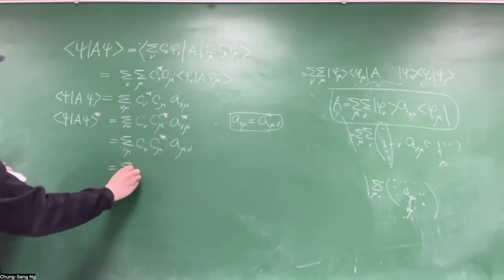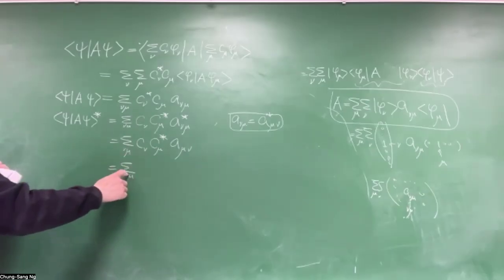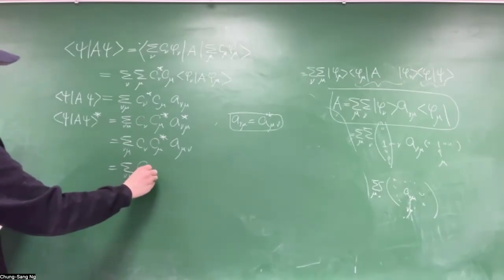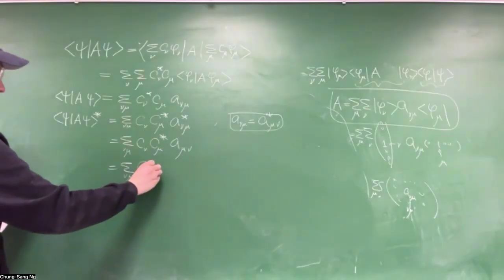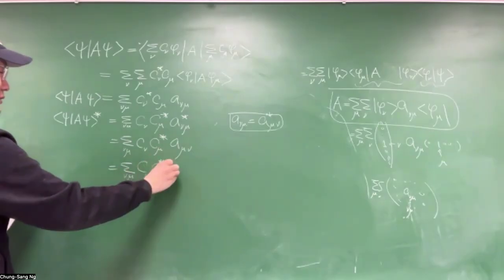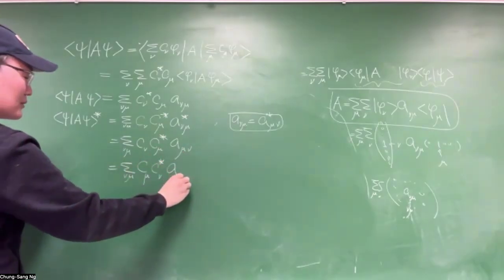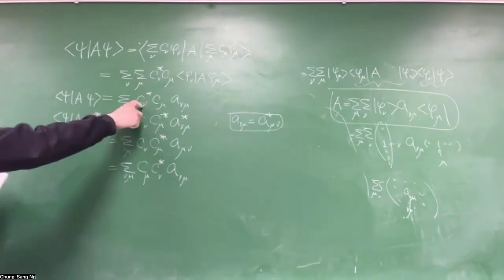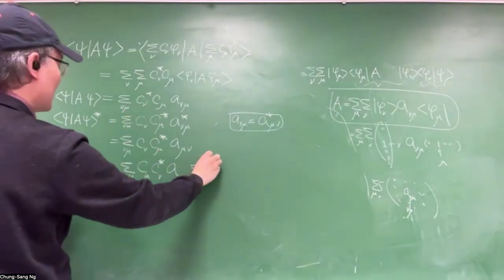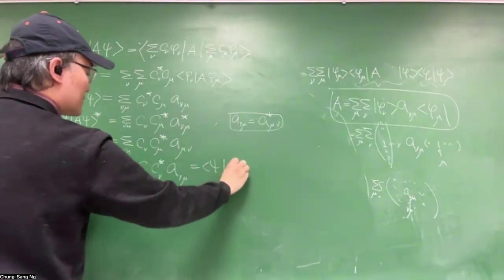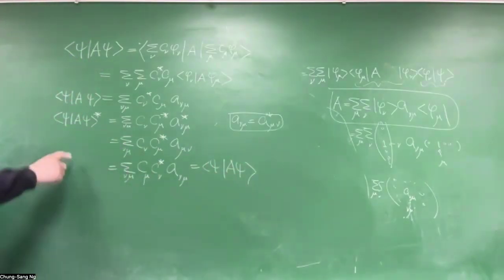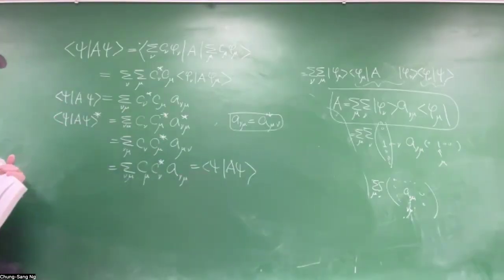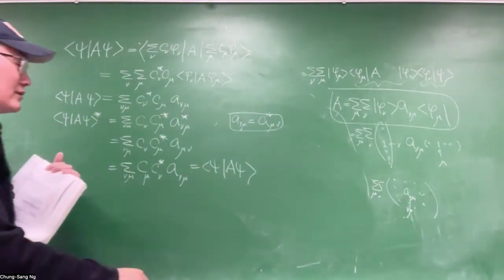So if we exchange mu and nu, the double summation doesn't matter. Now you compare this with that. This is exactly the same. So you see that the complex conjugate of this object is equal to itself. It means that it is real.